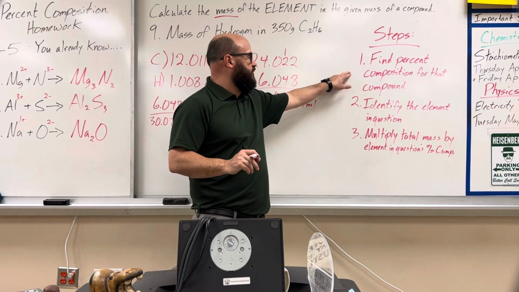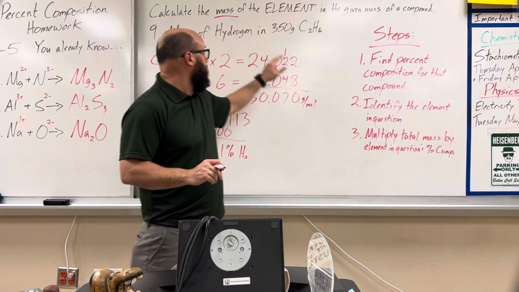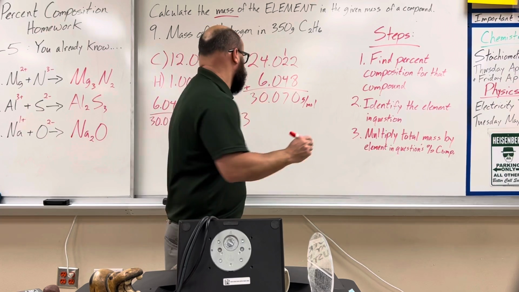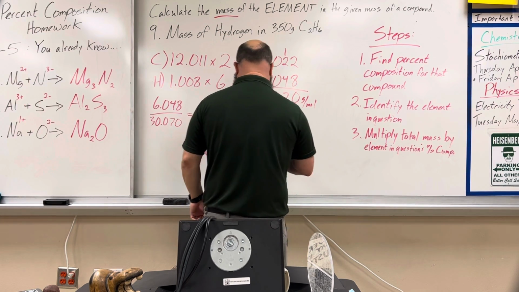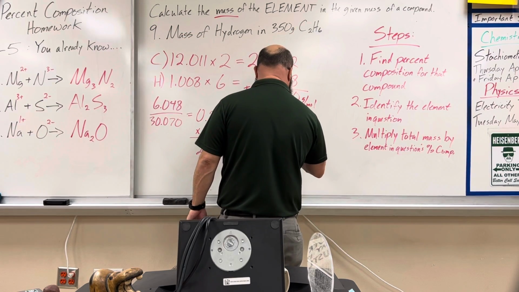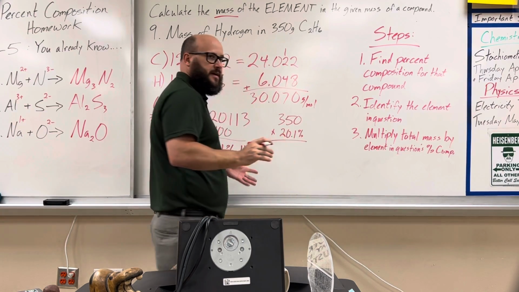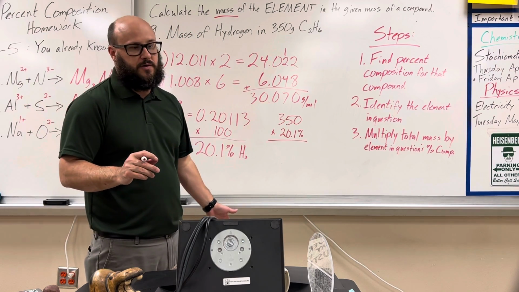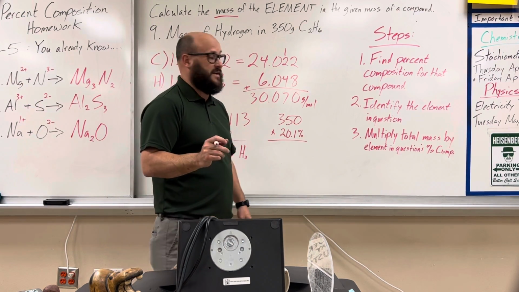Now, we've got our percent composition. We know which element we're looking for, that's hydrogen. Now we just have to multiply the total mass, 350, times our percent composition, which is 20.1. Now, don't forget to multiply it by percent. Don't do 350 times 20.1. You have to do 350 times 20.1%.